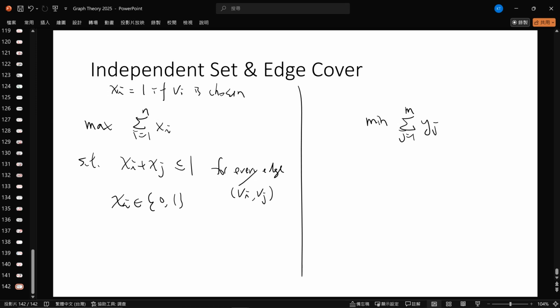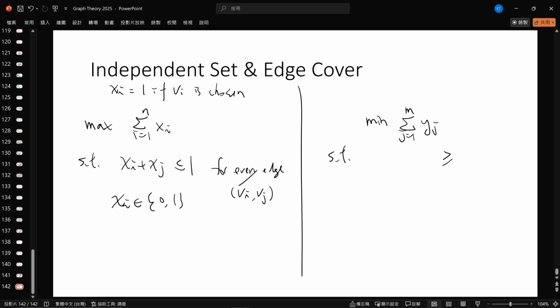The objective function is just the inner product of the dual variables and the right-hand side of the constraints.